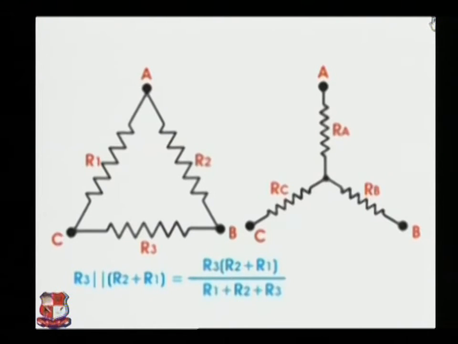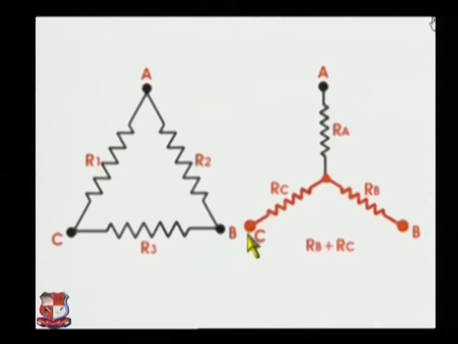Now, think about the resistance value of the star across the same points B and C. As you see from the diagram, there are two resistors RB and RC across the points B and C. Hence, the equivalent resistance between these points will be the series combination of RB and RC, which is RB plus RC.